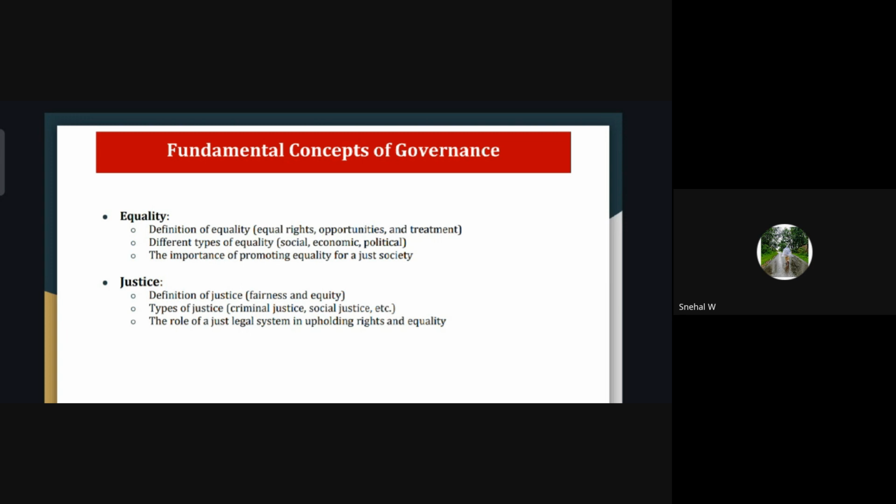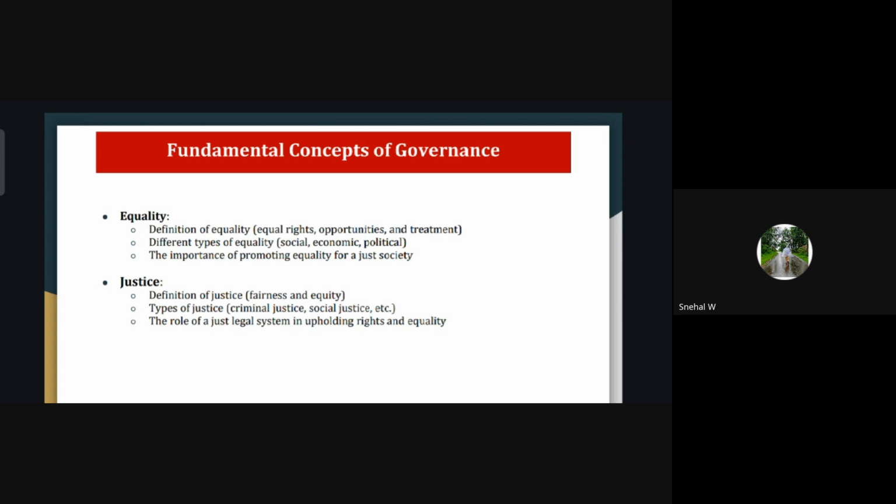And if such kind of discrimination is existing, it means there is no social equality. There is no social equality if that injustice is existing. So here every person is supposed to be treated equally by the government, by the law, and by the society itself.